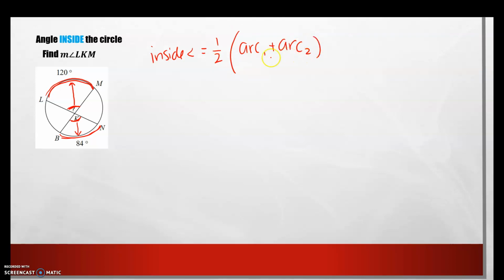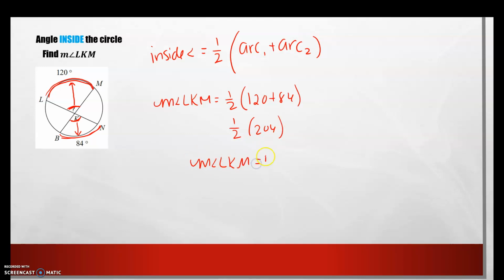And arc 1 and 2 are referring to the two arcs that the angle is creating. So I'm going to get my measure of angle LKM is equal to 1/2 of 120 plus 84. 120 plus 84 is going to give me 204. And half of that means the measure of angle LKM is equal to 102.